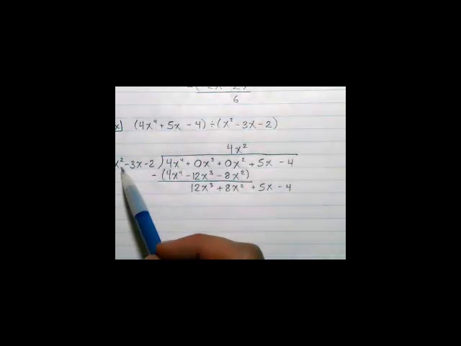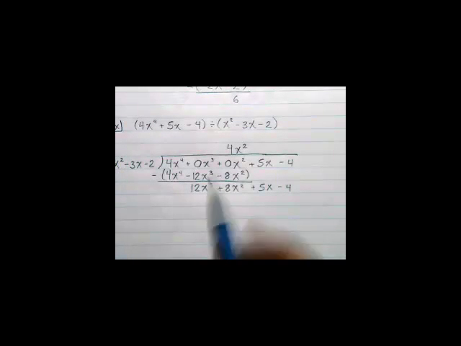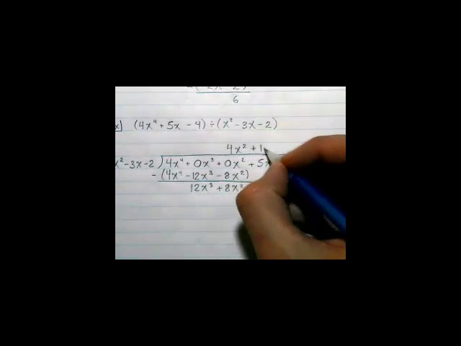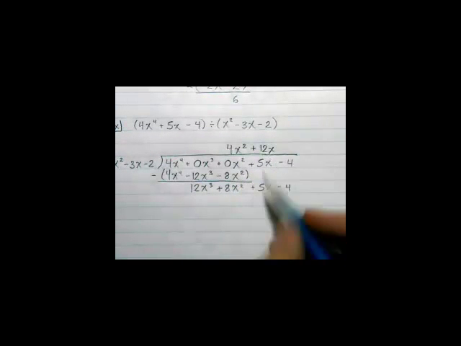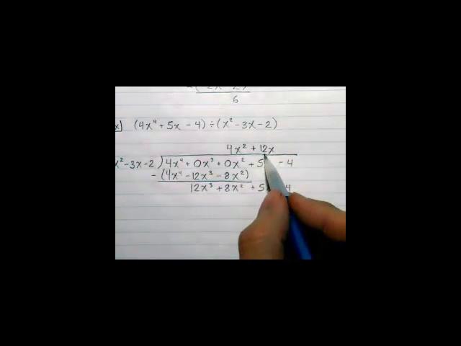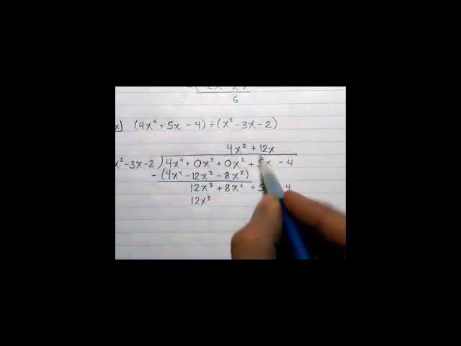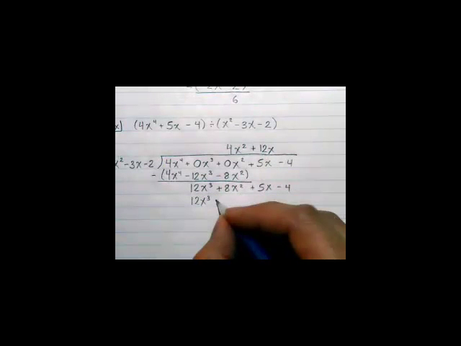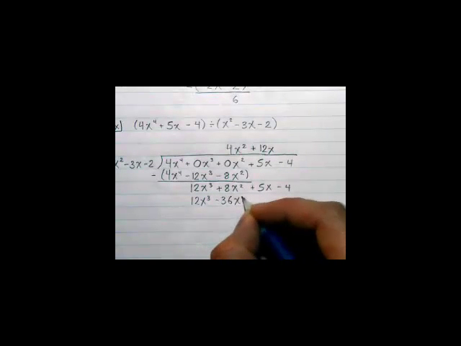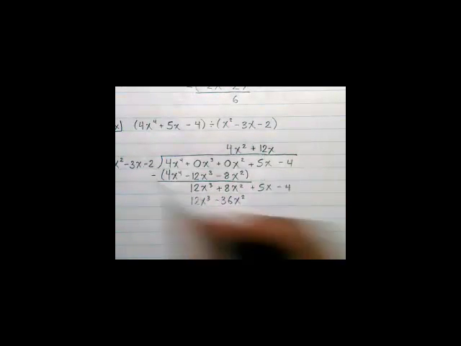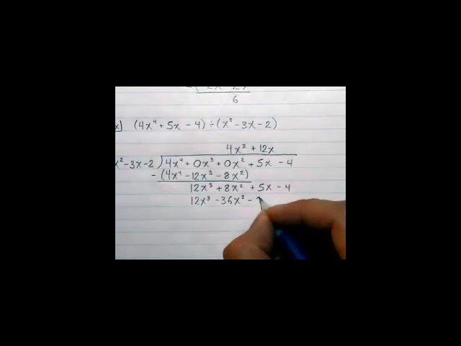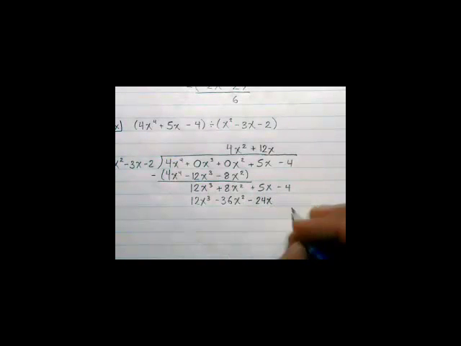Okay. So what times x squared gives me 12x to the third? 12x. So plus 12x. And then we've got to do a bunch of multiplying again, right? 12x times x squared, 12x to the third. 12x times negative 3 is minus 36x squared. 12x times negative 2 is minus 24x.